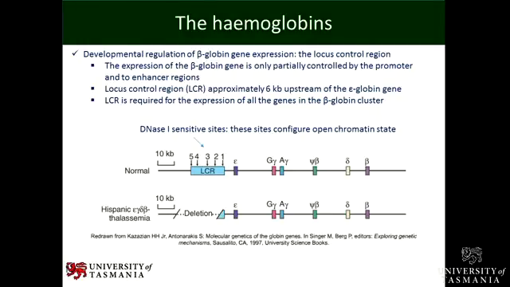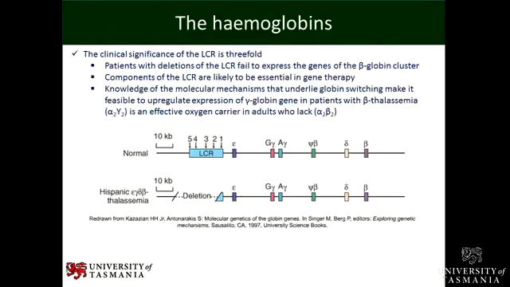So there's no expression at all of this beta globin gene because it's locked in that tight state where nothing can get in. You can imagine that if you can reopen this by introducing regions to make it sensitive to opening, then you may be able to switch this back on. The gene is there, it's just not working. So that's an area that is really interesting at the moment.